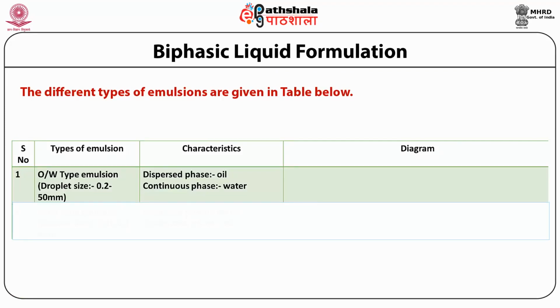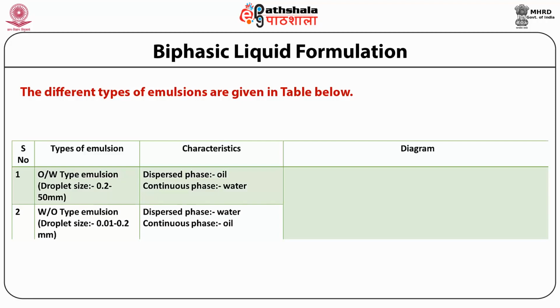The first type is the oil in water type emulsion, which has a droplet size from 0.2 to 50 mm. The characteristics are that in this kind of emulsion, the dispersed phase is oil and the continuous phase is water. The second type is a water in oil type emulsion. The droplet size of such an emulsion ranges from 0.01 to 0.2 mm. The dispersed phase in such an emulsion is water and the continuous phase comprises the oil.